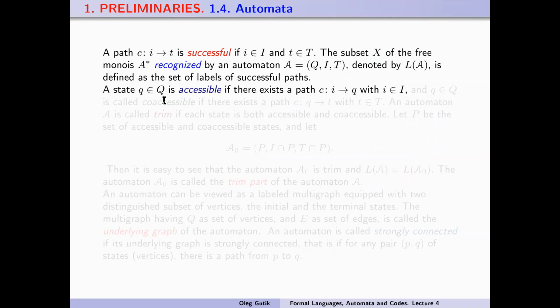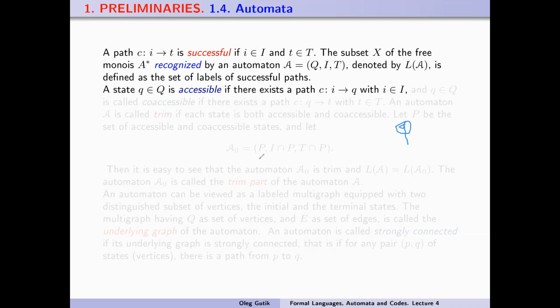Good. A state q from Q is accessible if there exists a path c from i to q with i from the initial states. What is accessible? Suppose we have some state q.